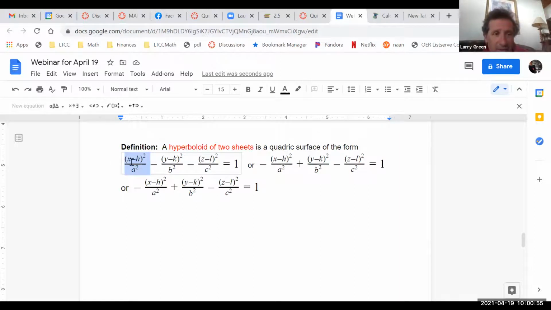Notice if you get rid of the first term, this is tricky. What happens if you get rid of the first term? On this first example, what does it look like? Is it a hyperbola facing down?